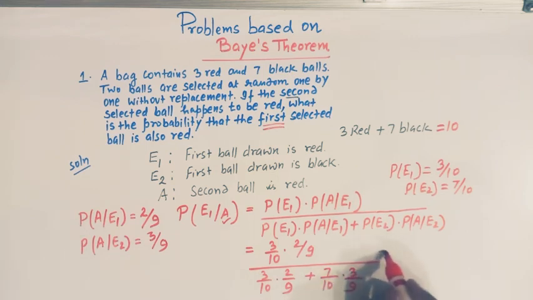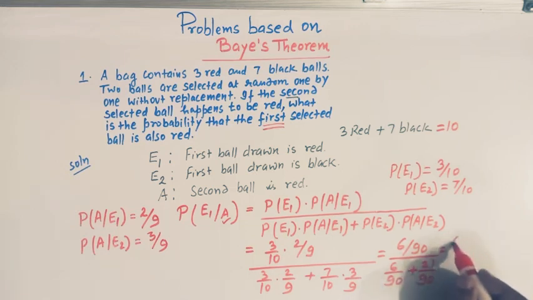Now we have to solve this expression. So this is 6 by 90 divided by 6 by 90 plus 7 3s are 21 divided by 90.